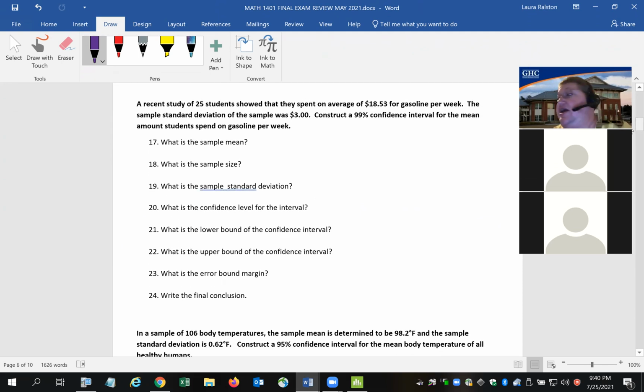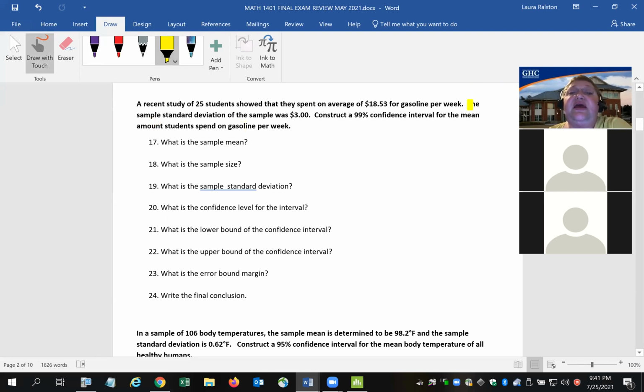All right, again, looking at my review sheet, I'm going to scroll down to question 17. It says, a recent study of 25 students showed that they spent an average of $18.53 for gasoline per week. The sample standard deviation of the sample was $3.